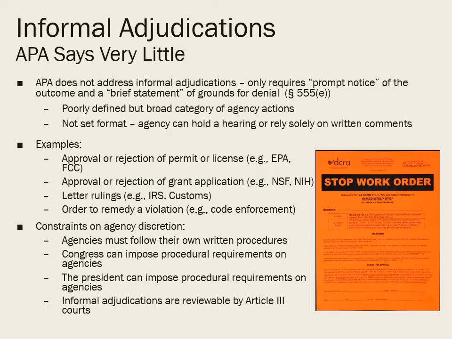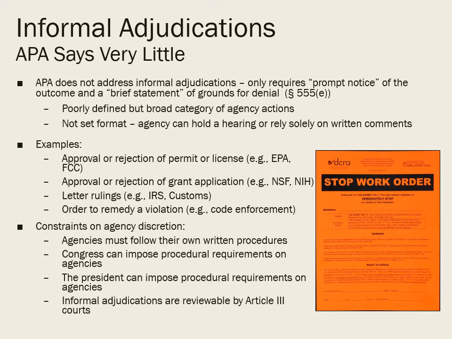So some examples of informal agency adjudications would be approvals or rejections of permits or other licenses, approvals or rejections of grant applications, and things like orders to remedy code violations. The APA only requires that agencies give prompt notice of the outcome and a brief statement of grounds for the agency's decision in any type of informal adjudication.